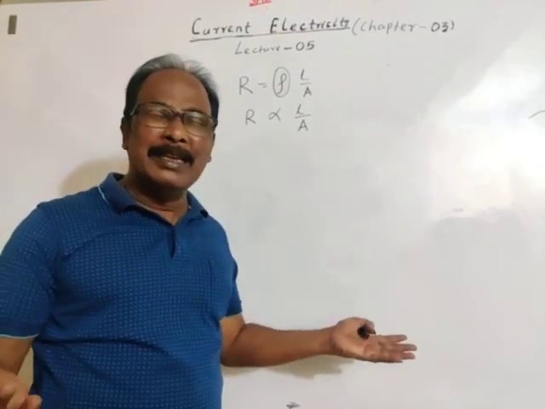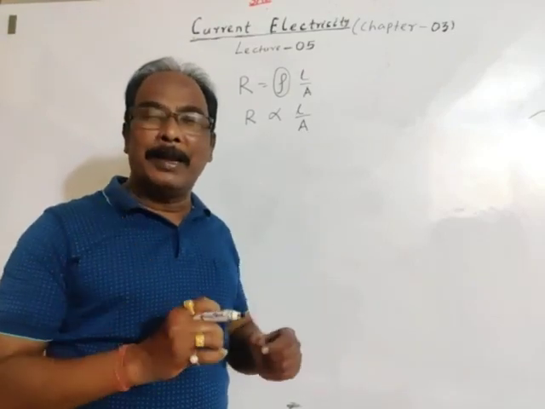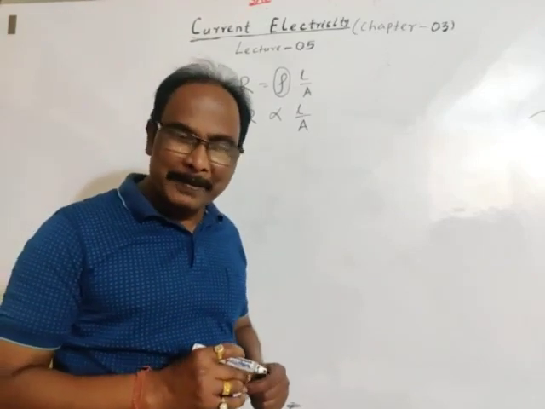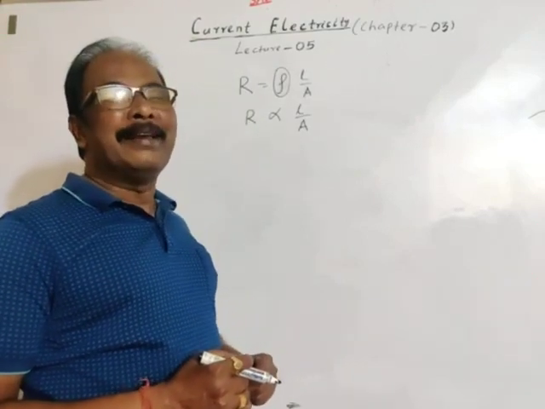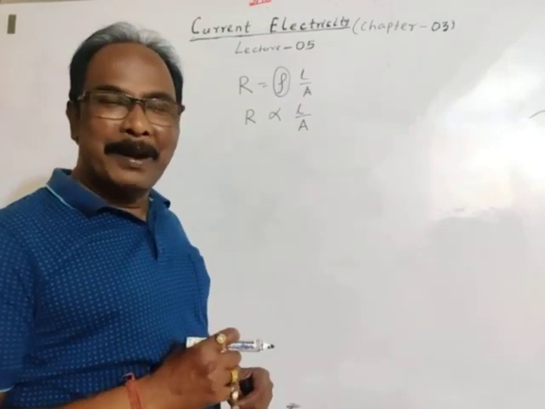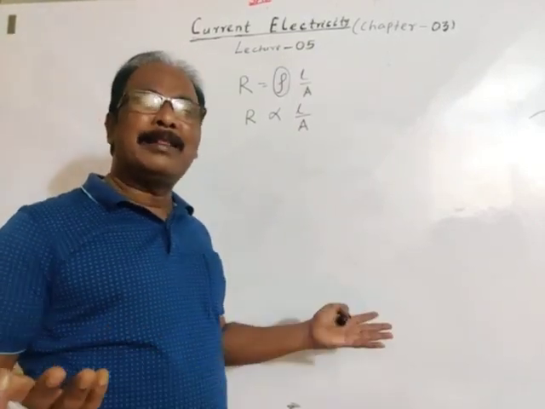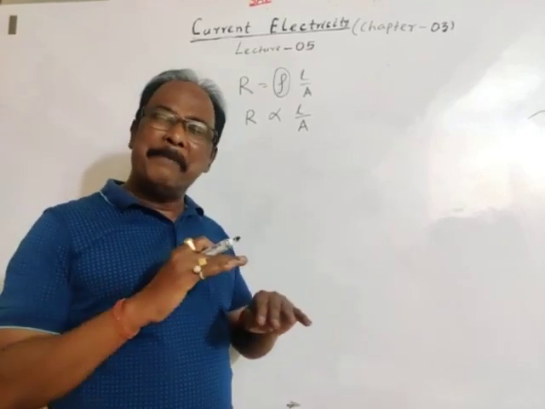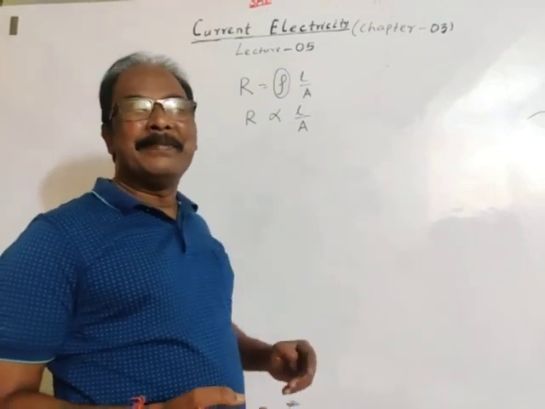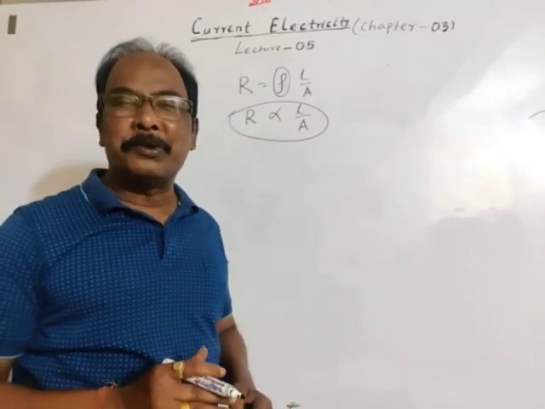Individually, resistance is directly proportional to length if area of cross section is kept constant, and inversely proportional to area of cross section if length is constant. If both vary, then resistance is proportional to L by A. We will discuss this factor in this lecture.